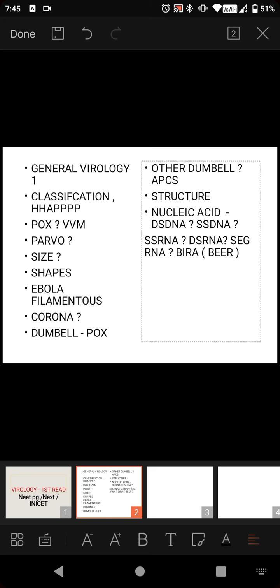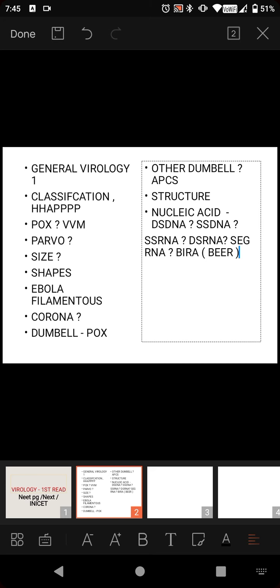Then what is positive sense RNA and negative sense RNA? From the DNA, RNA is produced, that is transcription. From the RNA, protein is produced, that is translation. When there is direct action by the RNA for protein production, that is positive sense RNA.